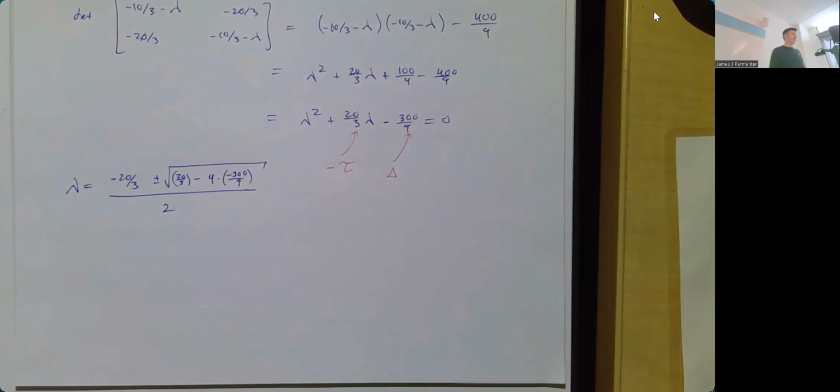Which is literally the same formula I just wrote down, but with the numbers written in. So you kind of can't avoid the quadratic formula here unless you see the saddle because the determinant is negative.